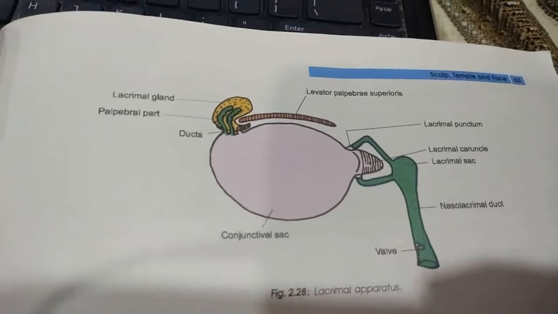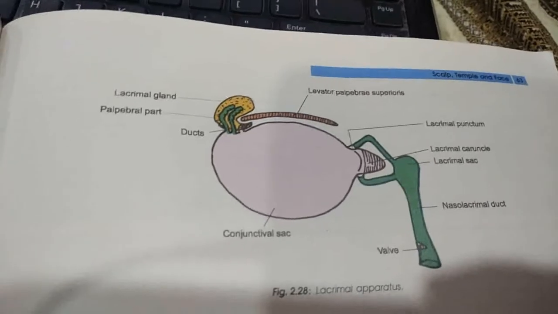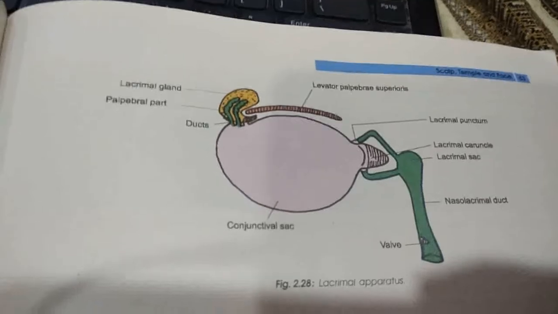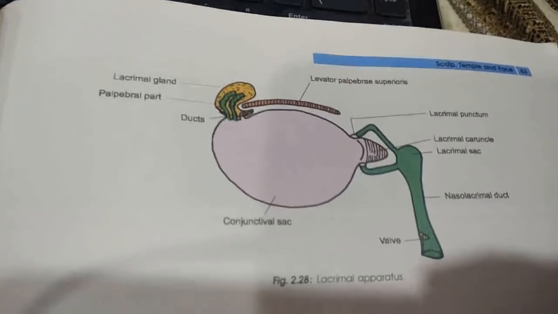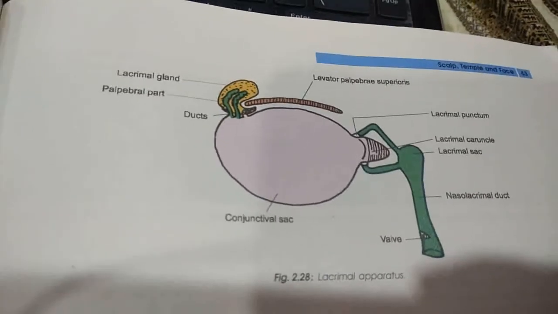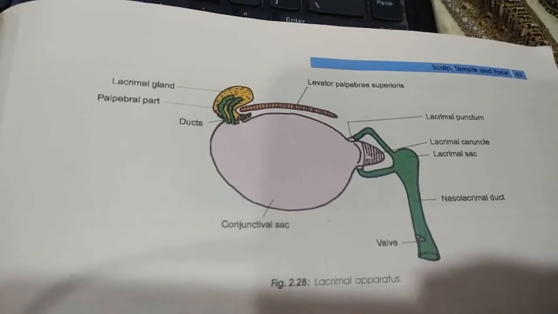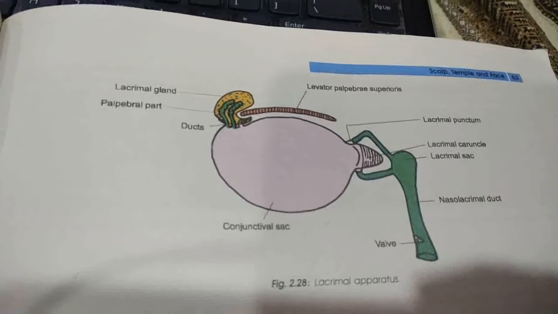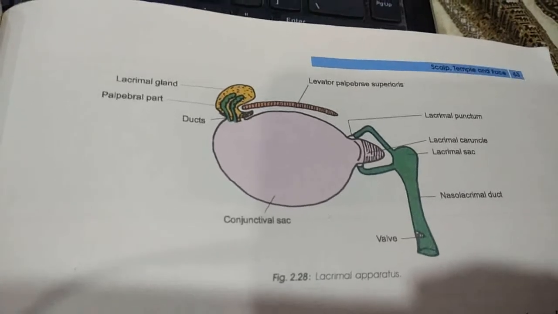Clear? The gland is supplied by the lacrimal branch of the ophthalmic artery and the lacrimal nerve. The nerve has both sensory and secretomotor fibers.